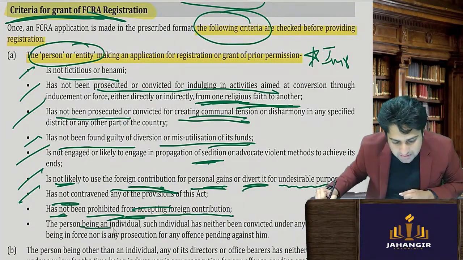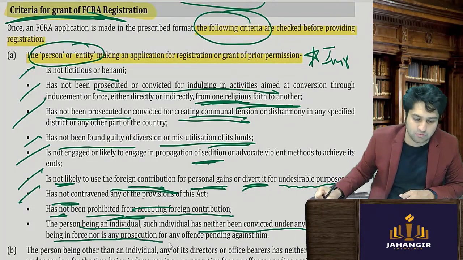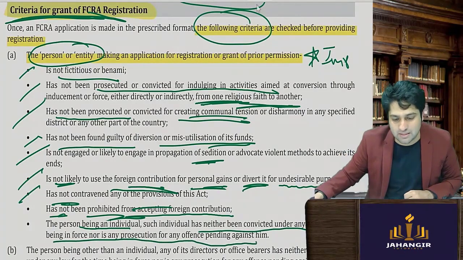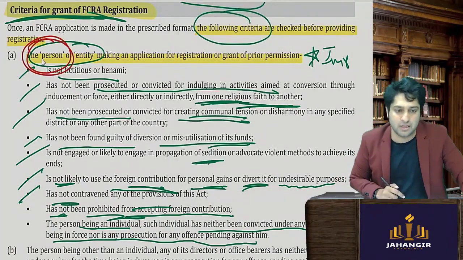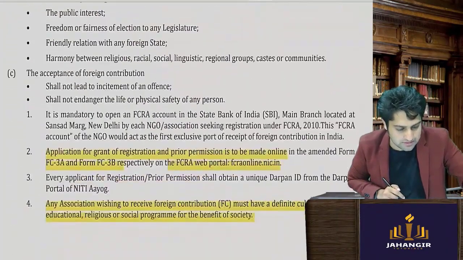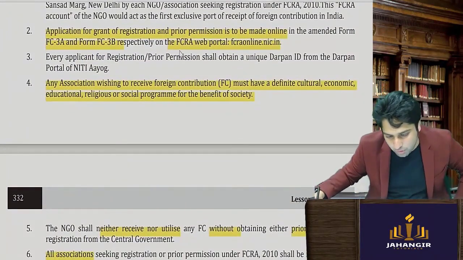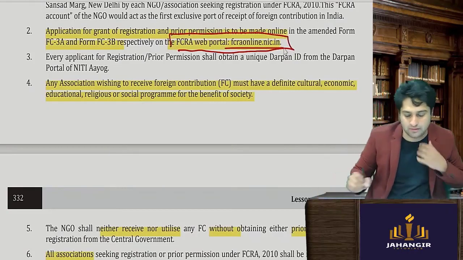And the person being an individual, such has not been convicted under any law in force against him. So in all these cases, the person will be ineligible. Clear till here? To receive this, then the portal for it is fcraonline.inc.in.